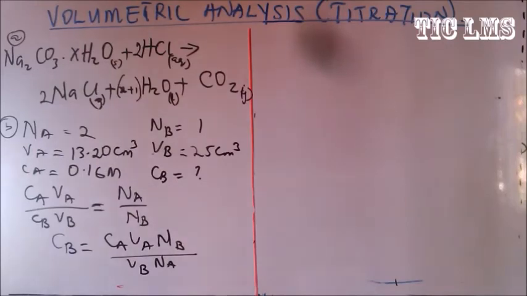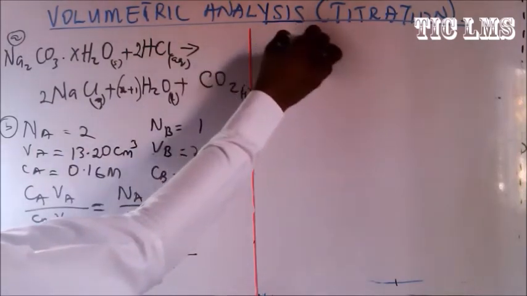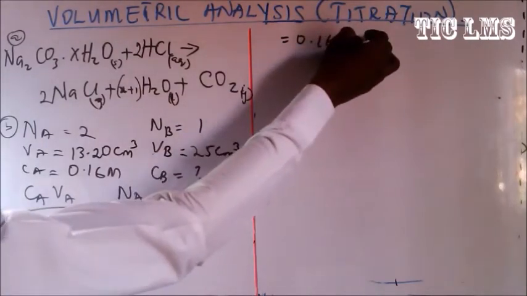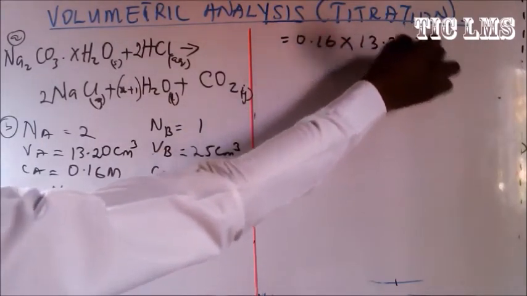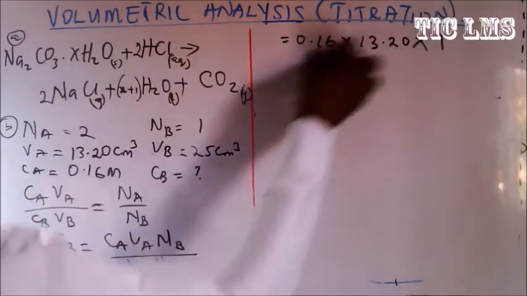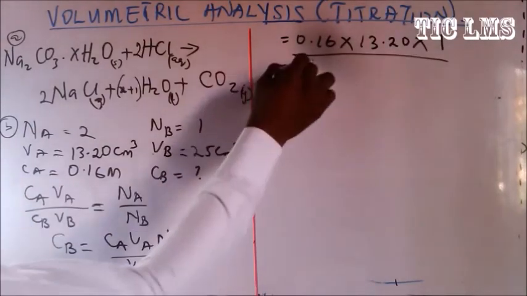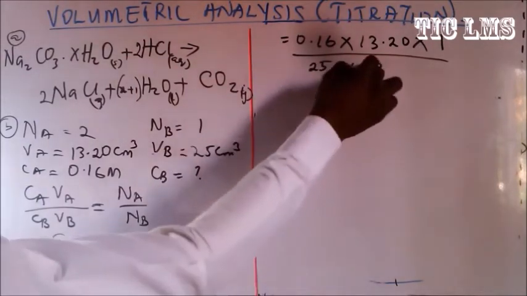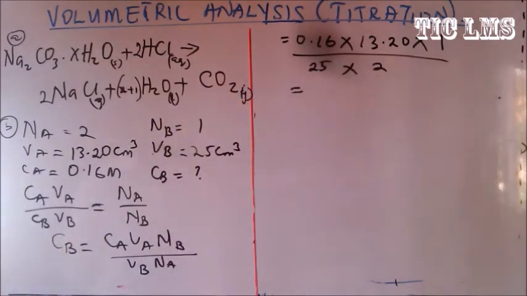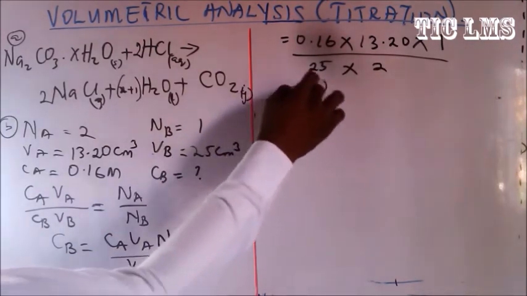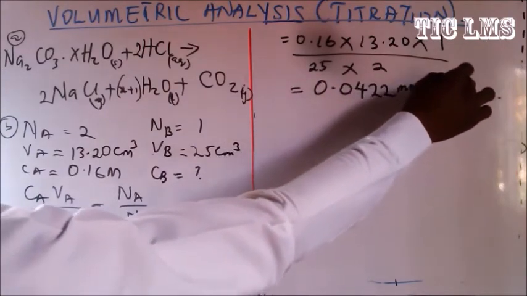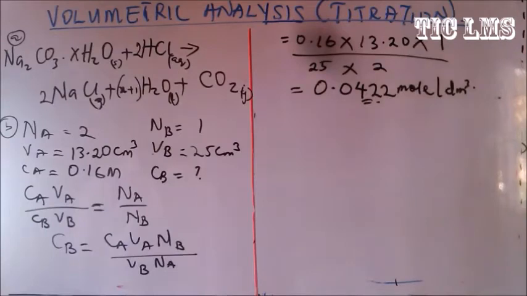So our concentration of acid, which is 0.16, multiplied by volume of acid, that's 13.20, times number of moles of base, which is 1, over volume of base, that's 25, multiplied by number of moles of acid, which is 2. And when we multiply all this out, it gives 0.0422 mole per dm cubed. So here is the molar concentration of the base.